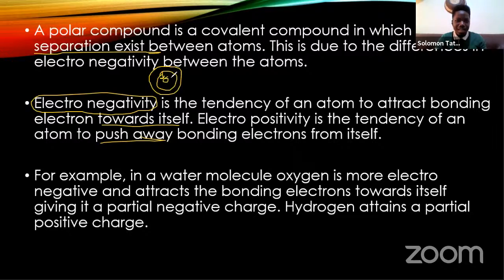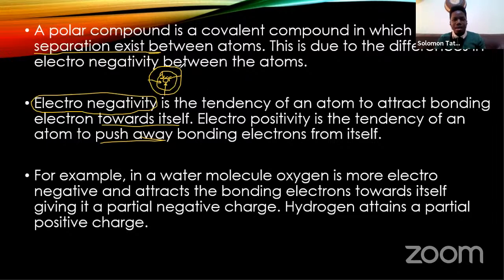So the electrons on the orbitals are always being pulled towards the nucleus. That is electronegativity, an atom pulling electrons towards itself. The opposite of this is electropositivity.